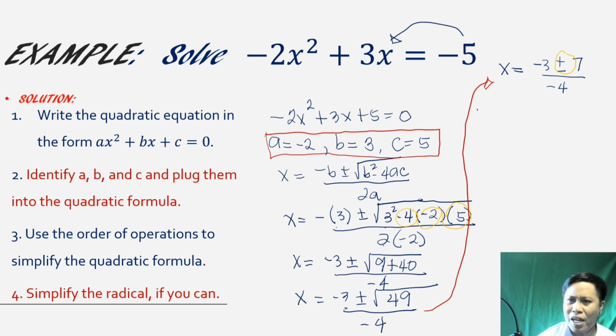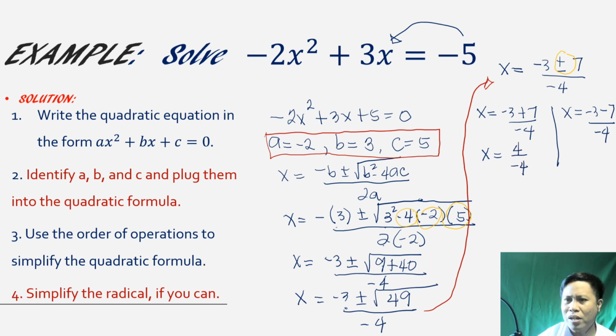The first one is x equals negative 3 plus 7 over negative 4, and the other one is x equals negative 3 minus 7 all over negative 4. We solve the first equation first. Negative 3 plus 7 is positive 4, divided by negative 4. So our x now is negative 1.